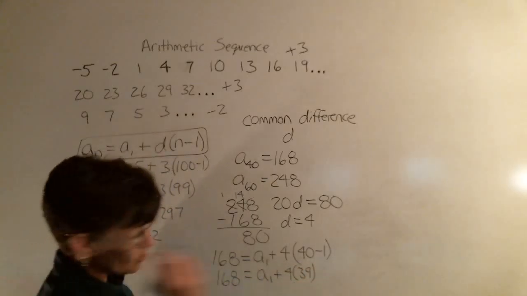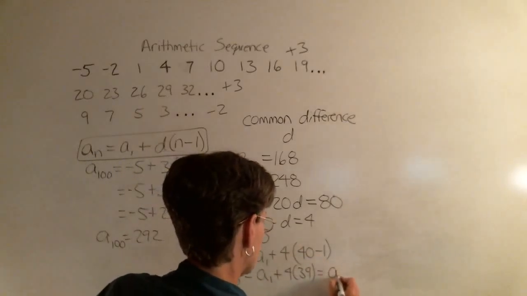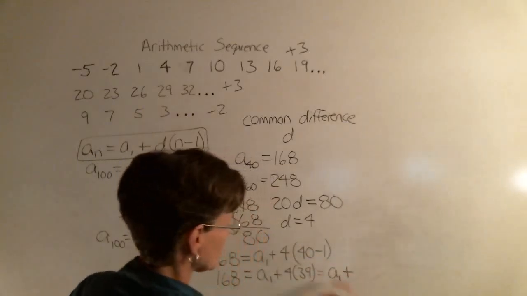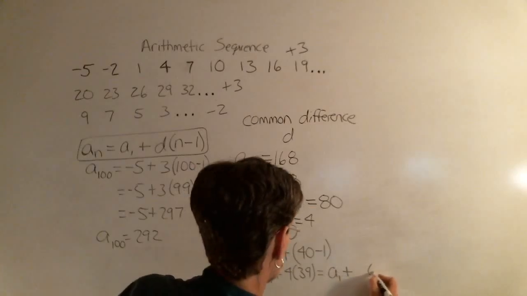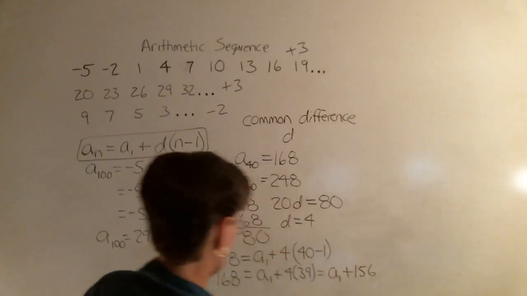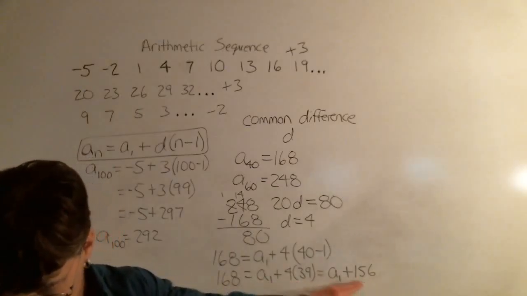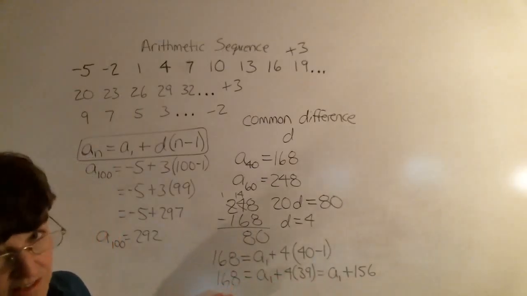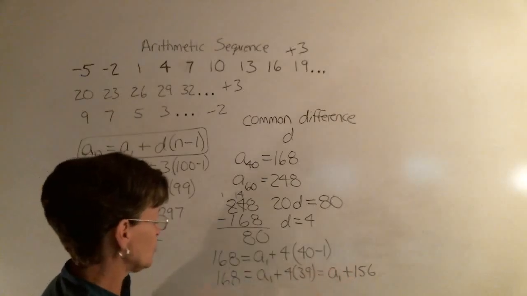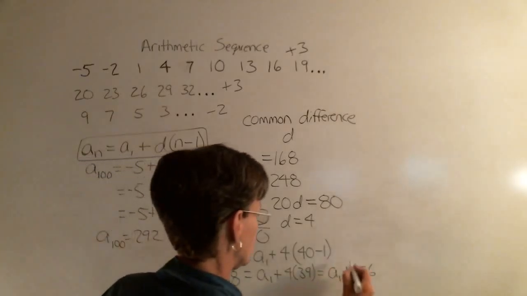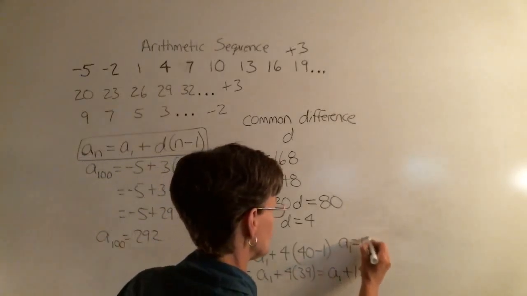Well, 4 times 39 is 156. Now if I take 156 and subtract it from 168, I get 12. So a sub 1 must be equal to 12.